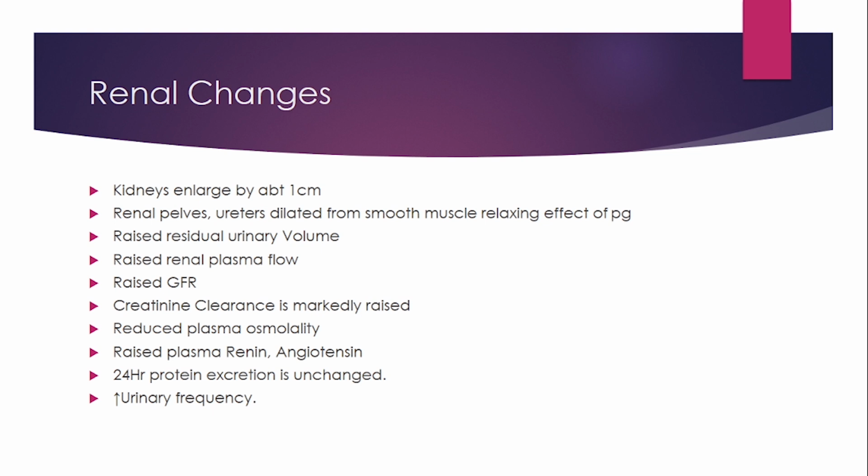But on the whole, the 24-hour urinary protein excretion is unchanged, and that is why presence of protein in the urine in a pregnant woman may connote a serious medical condition, because protein excretion should remain unchanged throughout pregnancy. And because of the increase in renal plasma flow, a lot of our women have several urges to urinate, so you have increased urinary frequency also taking place in pregnancy.